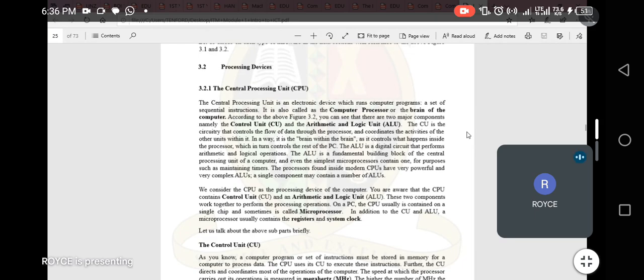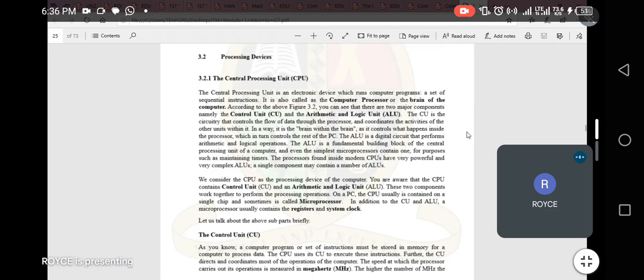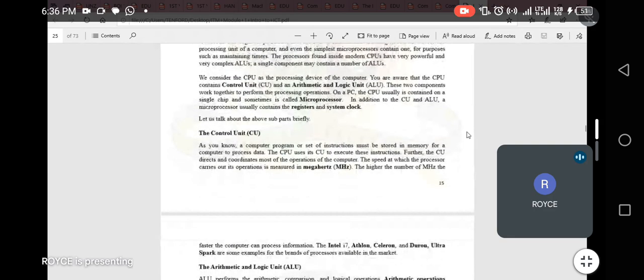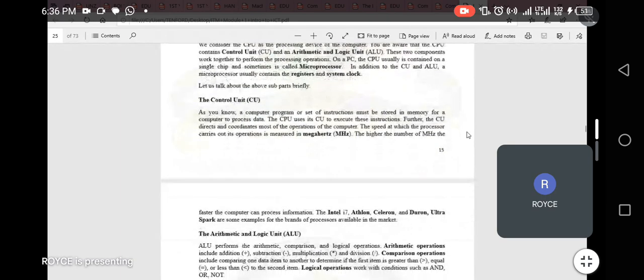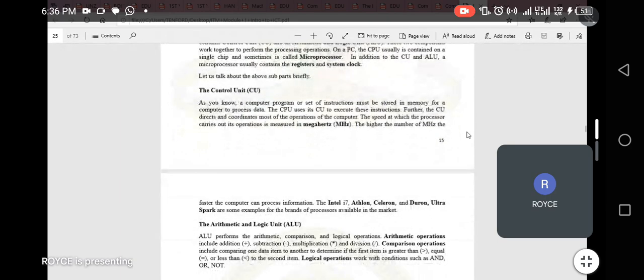Do you understand the difference between the control unit and the arithmetic logic unit? Basically that is the difference.